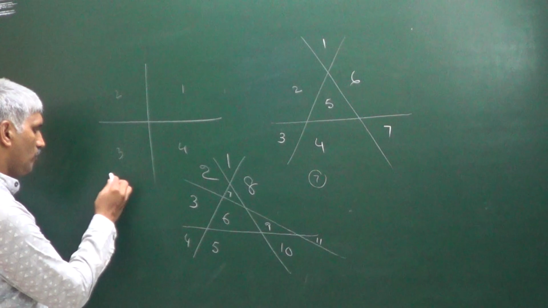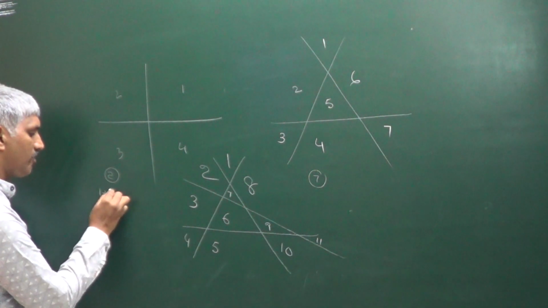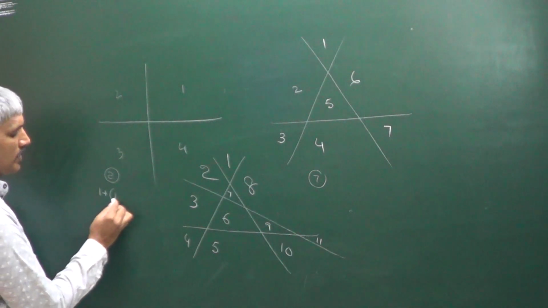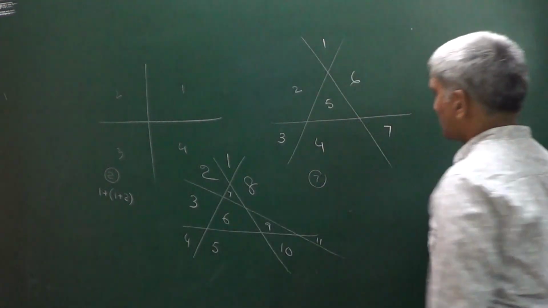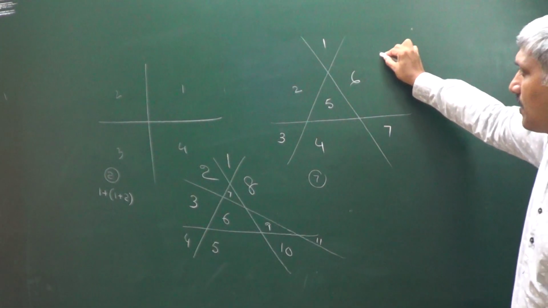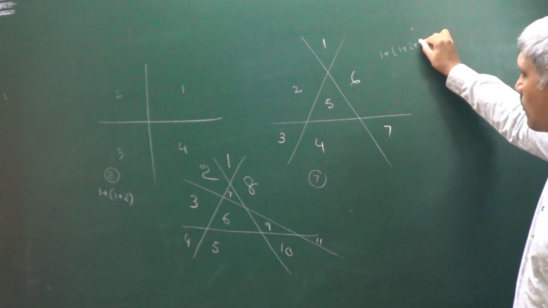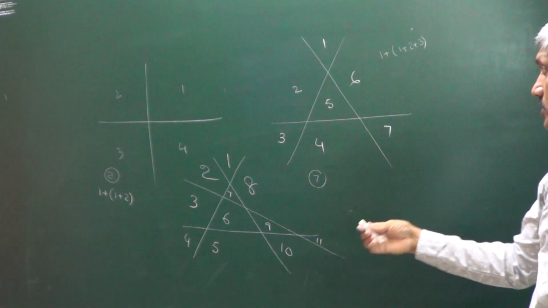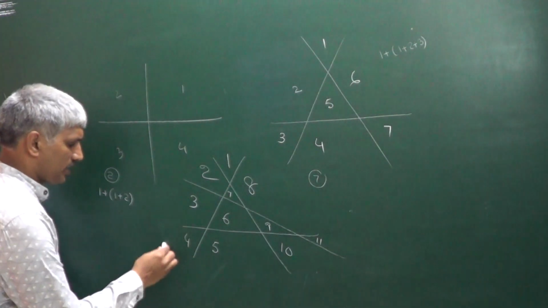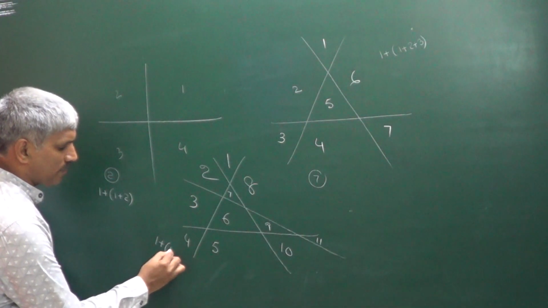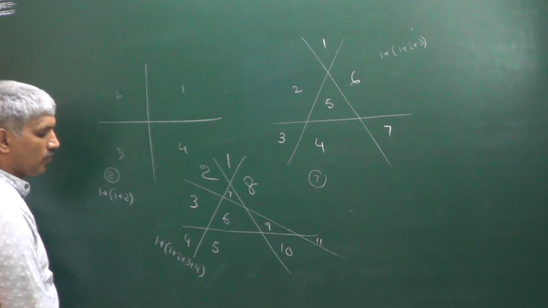Now observe here, when we have 2 lines, the number of parts the plane is divided into is 1 plus 1 plus 2. When there are 3 lines, the number of parts is 1 plus 2 plus 3. Whereas when there are 4 lines, the plane can be divided into 1 plus 2 plus 3 plus 4.